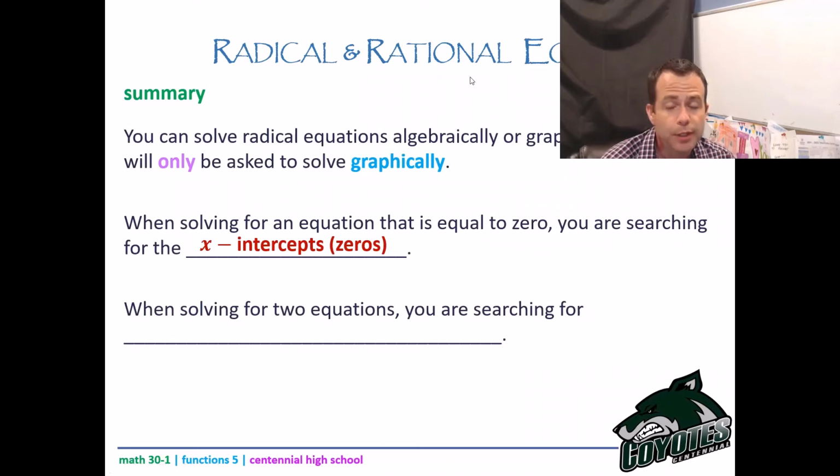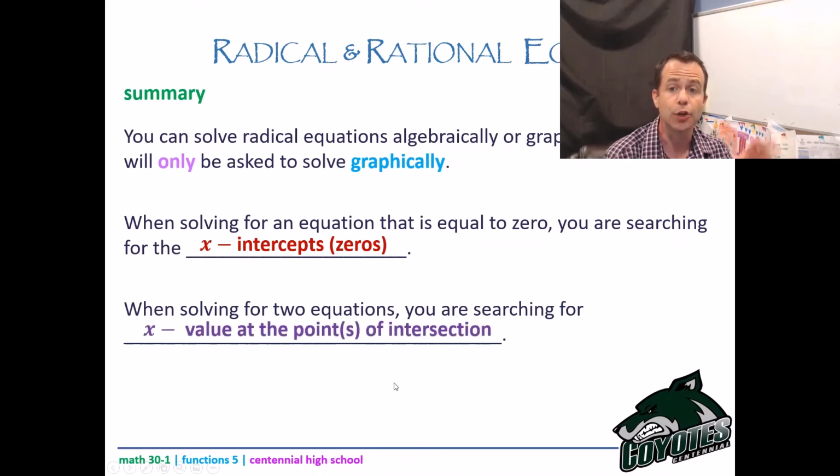When solving using 2 equations, you are searching for the x value at the point of intersection. Don't get caught telling me that it's a coordinate pair. It's not a coordinate pair here, because it's not technically a system, right? So you're just looking at the x value of the point of intersection.